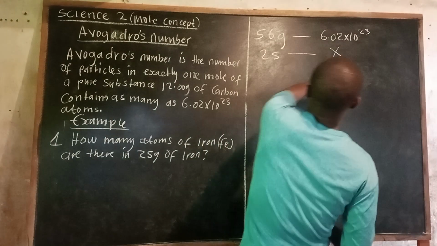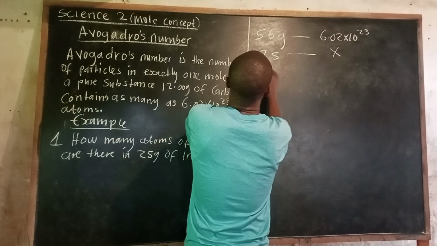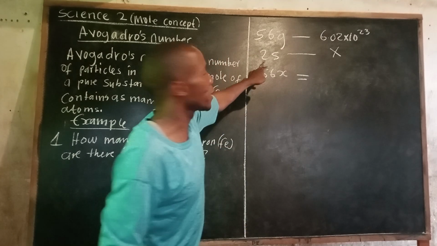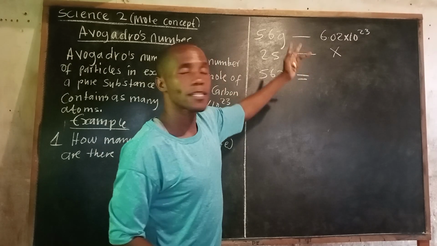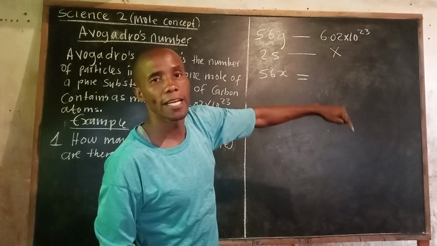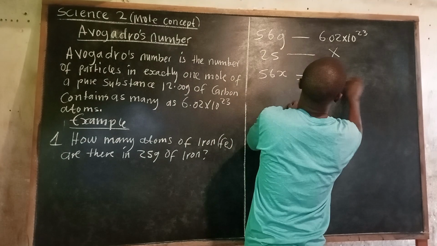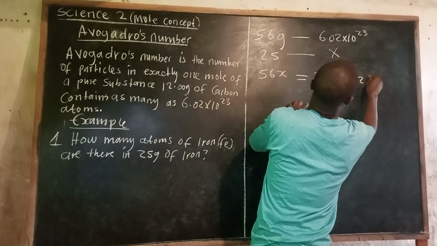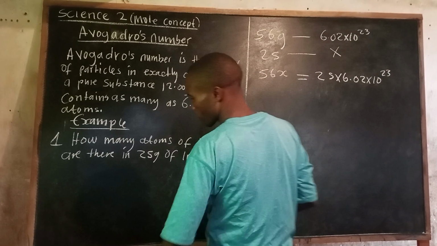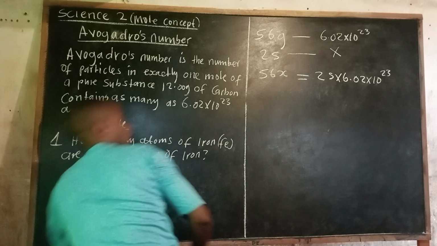So when we say x times 56, we have 56x, equals 25 times 6.02 times 10 power 23 atoms. There you need to get a calculator.